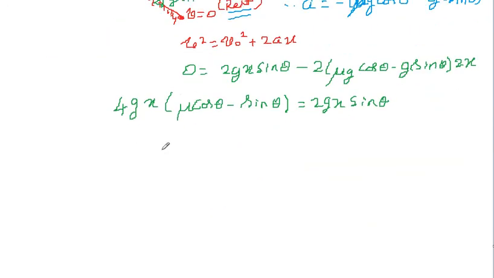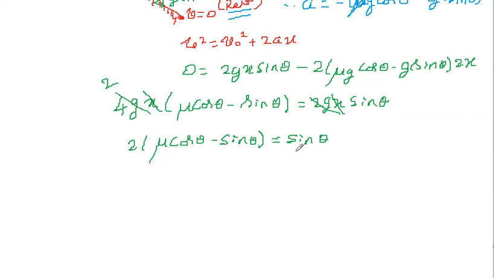Further, I can cancel 2g, and x and x also get cancelled. That means 2 times mu cos theta minus sine theta is equals simply sine theta.